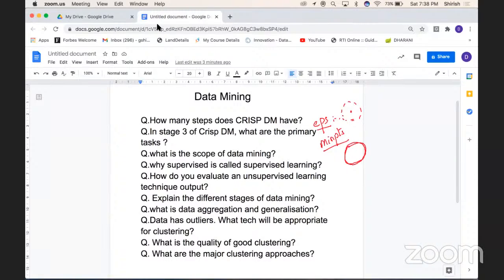Now, whenever you're talking about cluster analysis, we have approaches, we have cluster analysis. Okay. Can you just mention the data types in cluster analysis?